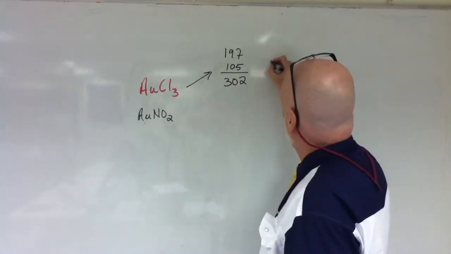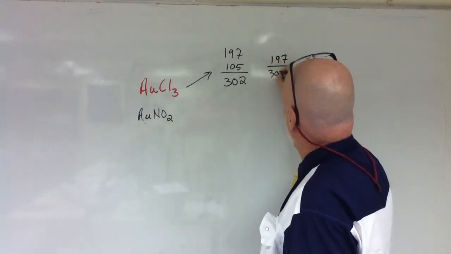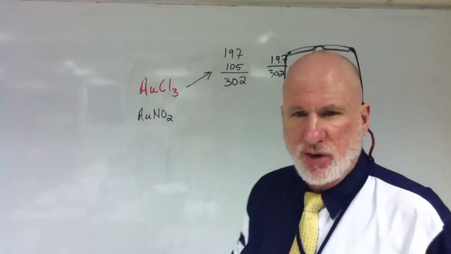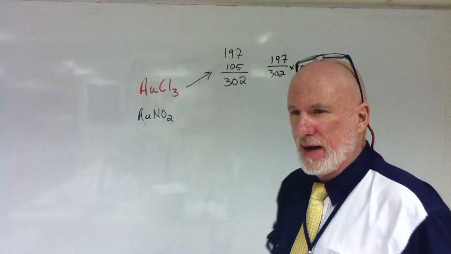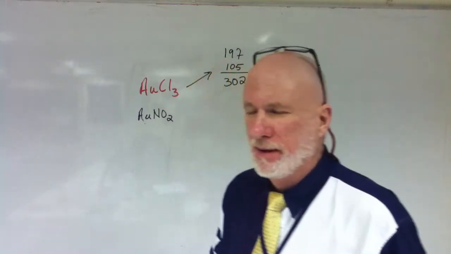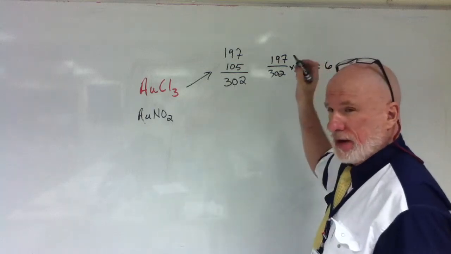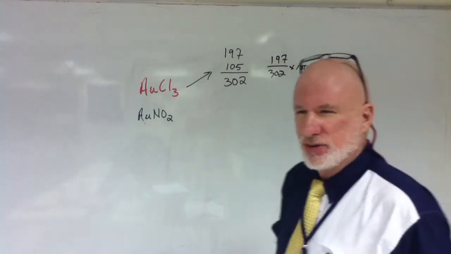And then 197, isn't that the total gold? 302, what's the percentage of gold in that then? What is 197 divided by 302? Jen? 65.23%. Can we say 65, is that okay? Yeah. 65%? Somehow I don't think it's going to be that close, do you?